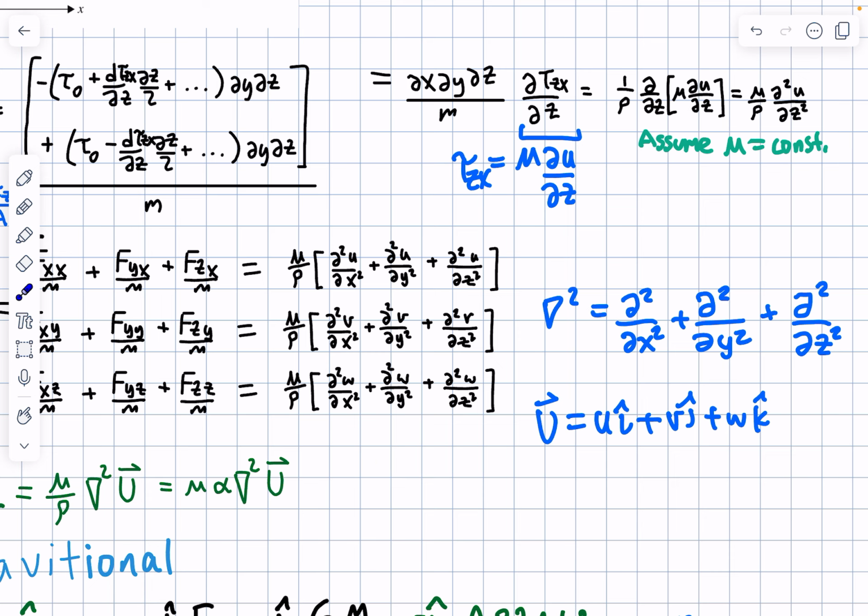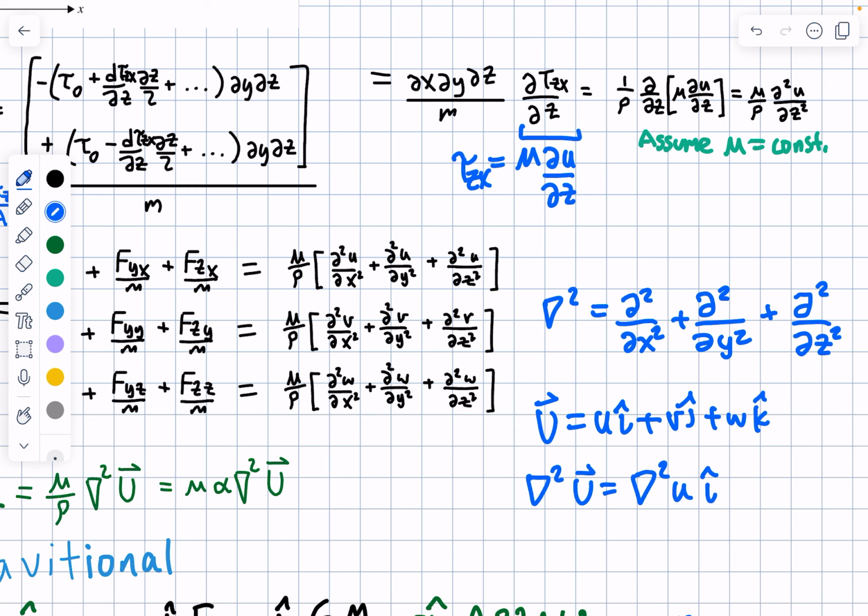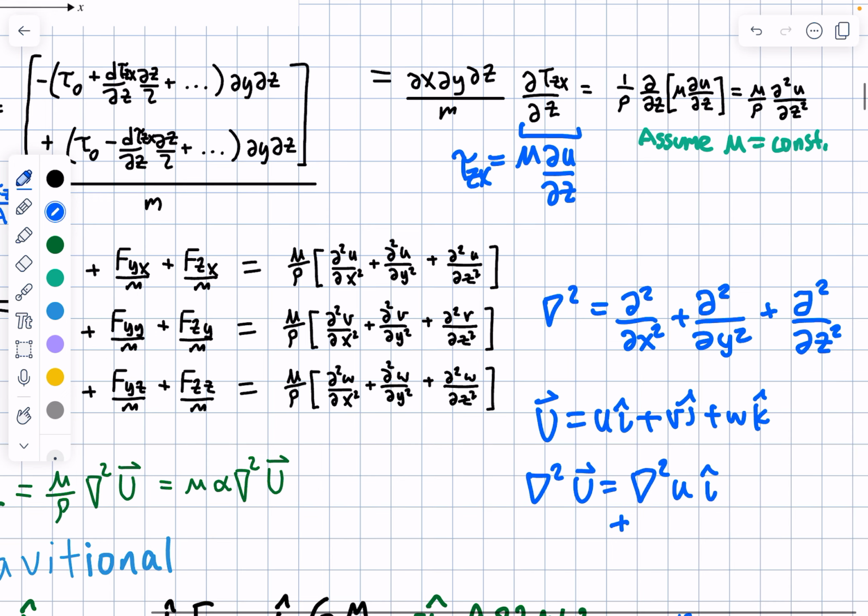If we were to plug this in, let me just write this: the Laplacian of the vector u is equal to the Laplacian of little u times i plus the Laplacian of little v times j plus the Laplacian of w times k.